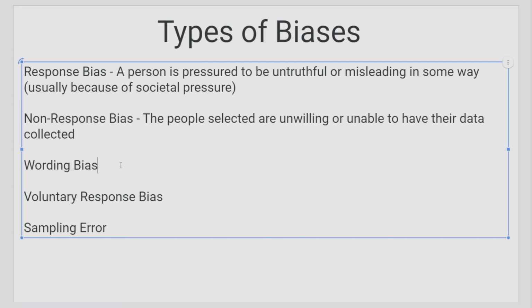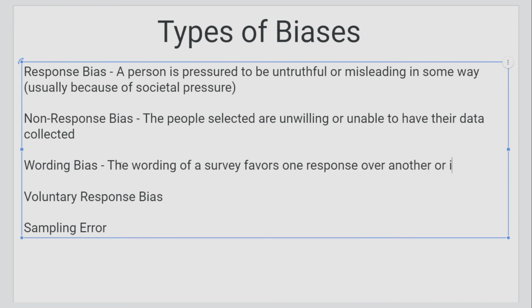Next one on the list is wording bias. So a wording bias, and this is almost exclusively for surveys, is when the wording of a survey favors one response over another or is loaded.